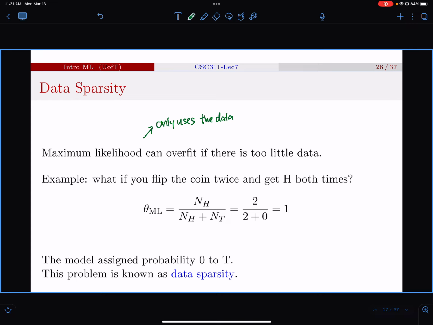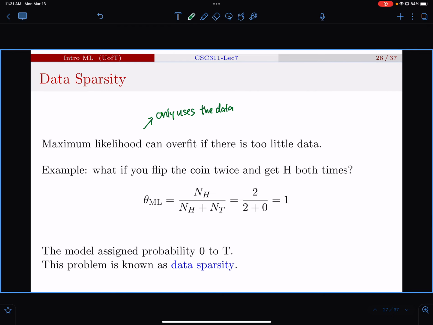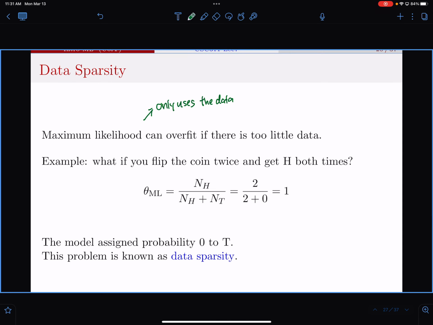If we return to the coin flipping example, if you flip a coin twice and get heads twice, then the maximum likelihood estimate for the probability of heads is going to be equal to 1. So when you don't have that much data, maximum likelihood can give unreasonable answers. And we'll talk about 2 potential techniques to address that.